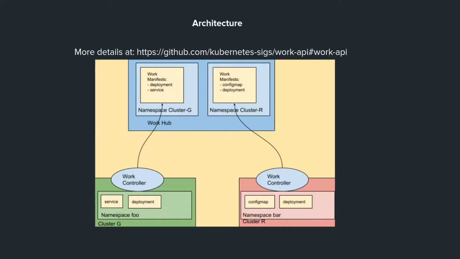The work CR is created on the work hub and sits in the namespace that the work controller has authorized access to. Creation of the work on the work hub means the resources defined in the work will be applied to the spoke cluster. Update of the work will trigger the resource updates, and deletion of the work will delete the resources and garbage cleanup on the spoke or managed cluster.